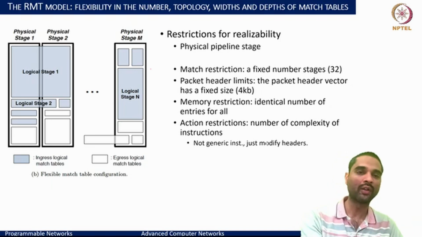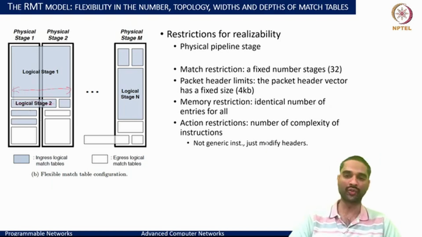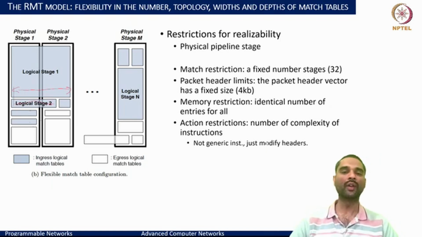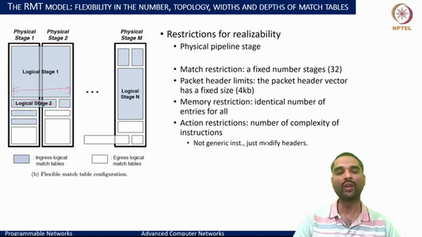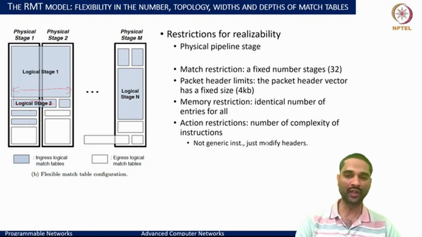So we can see that we can have logical stage 1 with different width characteristics as opposed to logical stage 2, and maybe multiple logical stages, which may have their own different aspects. But we cannot have a logical stage that will have a width more than the combined physical stages that we have. So that comes as the basic restriction. And action restrictions also follow in terms of what kind of complex actions a given switch would support.